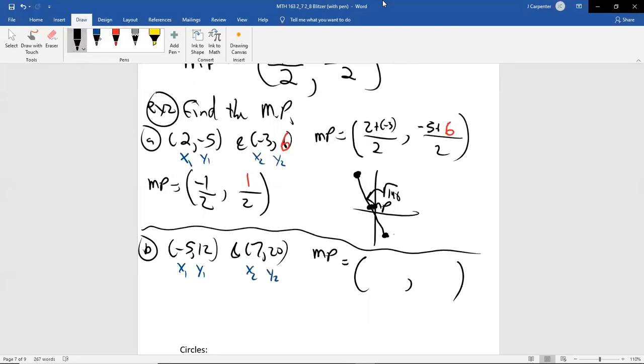So add the x's and divide by 2. Add the y's and divide by 2. Negative 5 plus 7, and then 12 plus 20. So our midpoint, negative 5 plus 7 is positive 2 over 2, comma. 12 plus 20 is 32, then over the 2. Reduce your fractions, you get 1 comma 16. And that would be our midpoint.